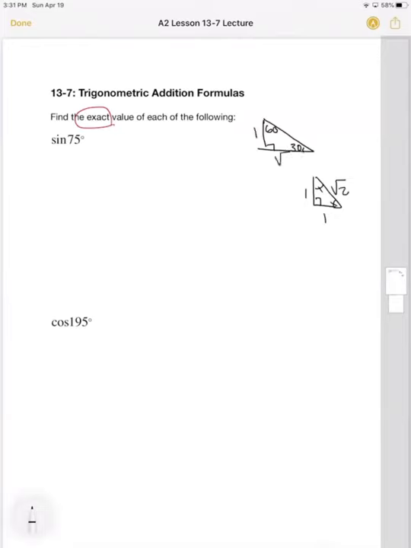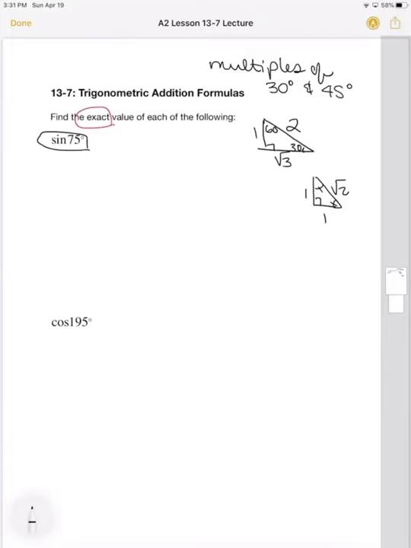Across from the 60 is root 3. And the hypotenuse is 2. So when I look at the sine of 75 degrees, I want to think in terms of multiples of 30 degrees and 45 degrees. I would list 60 also, but 60 is a multiple of 30.